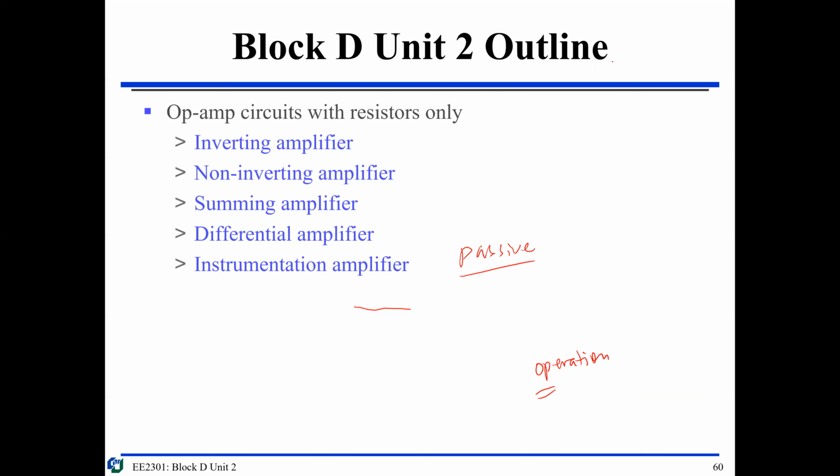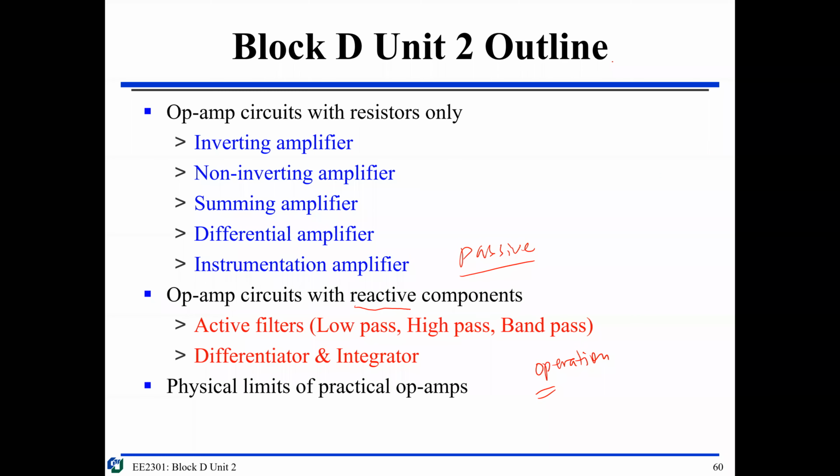So we have gone through everything with resistors only so far. From today, we are going to do reactive components with R and C. But the capacitor is more important. Usually, if you have a physical L, then you need those coils, remember?